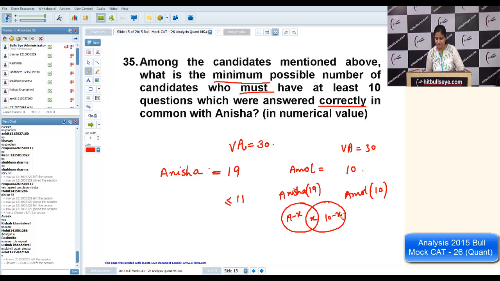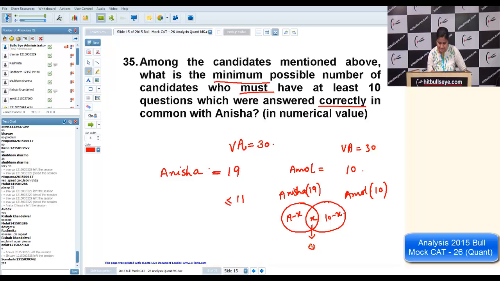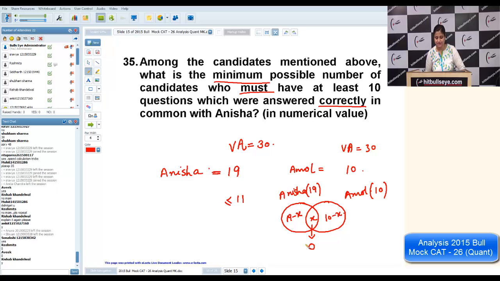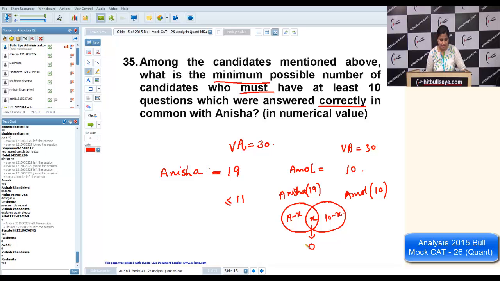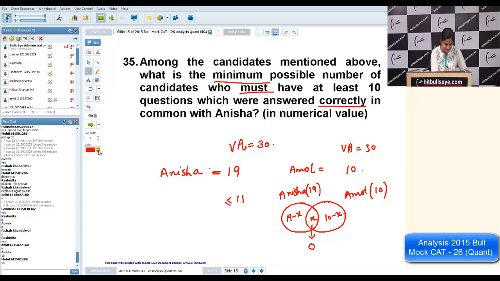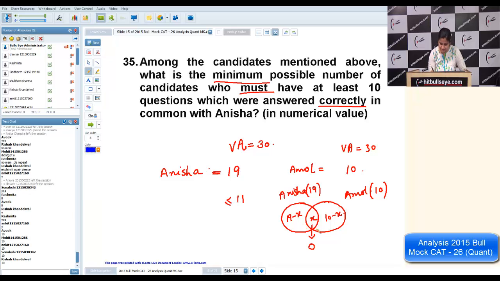Now what is the minimum value x can take? x can take the minimum value as 0. Now what is the maximum value x can take? 10, yes, obviously.